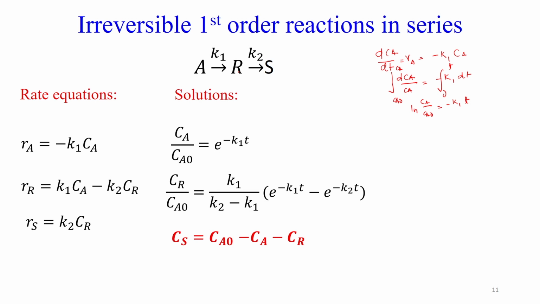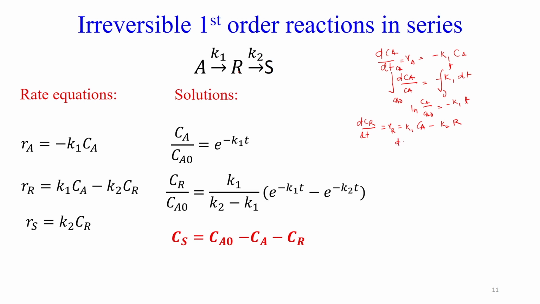Now, let us go to the R. So, this will be dCR upon dt, or you can say rate of R. This will be K1 into CA minus K2 into R. Now, you can just rearrange it.